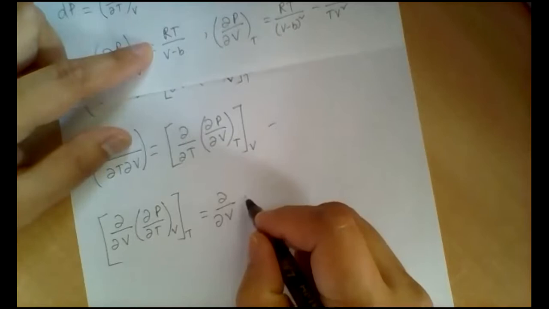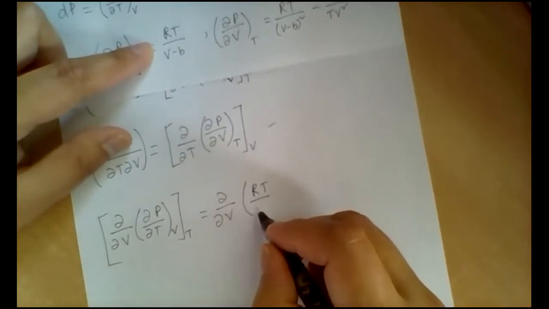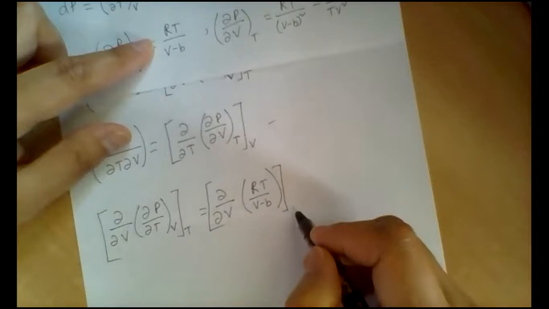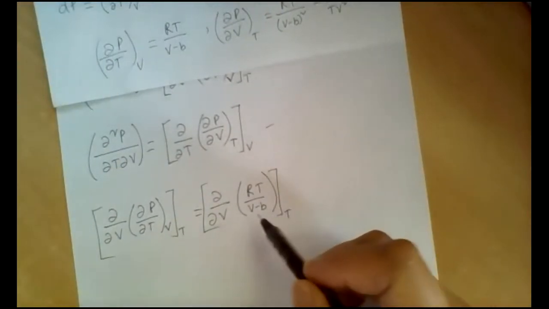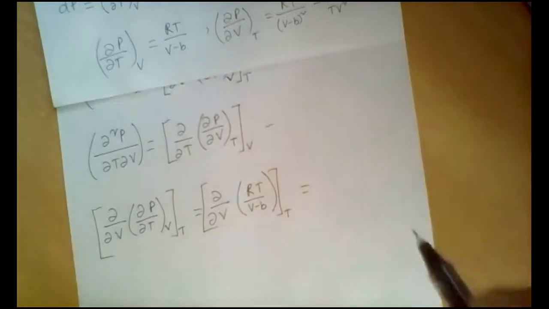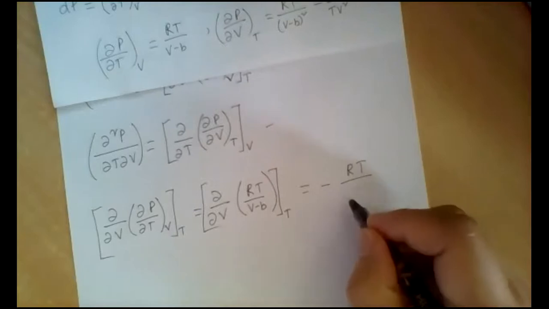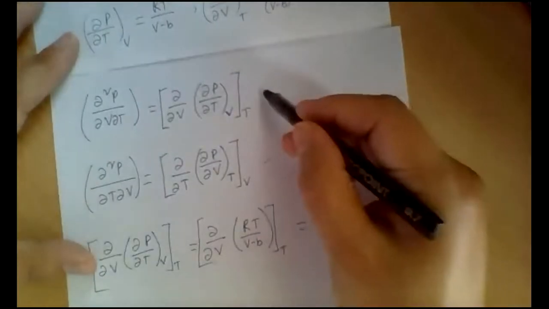It is this, RT by V minus B at constant volume. This is calculated at constant temperature. So you take temperature as constant, you differentiate this with respect to volume. What do you get? This is minus RT by (V minus B) whole square. So we have obtained this expression.